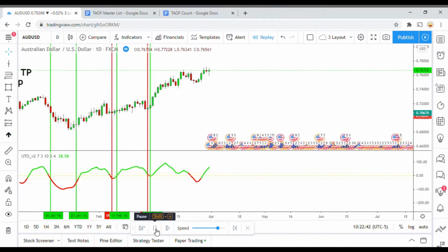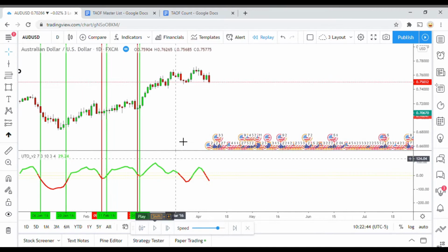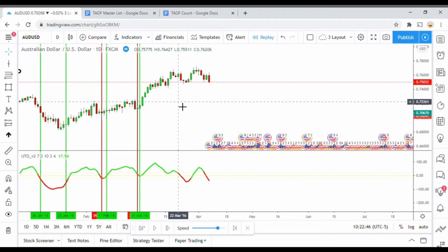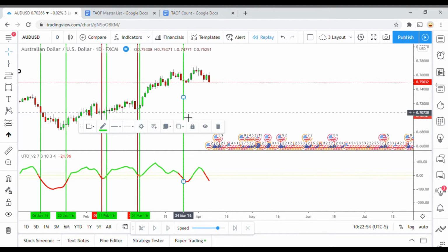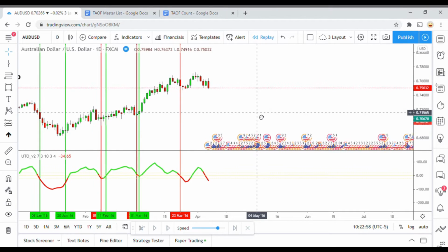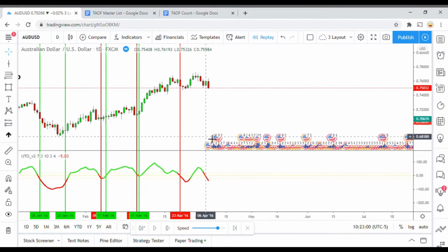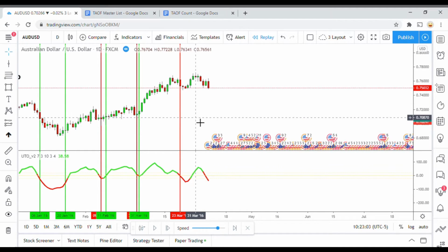See, playing it forward here. There we get a sell. Let's see. Picked up the sell right here on this one. So unfortunately, that would not have worked out for us.